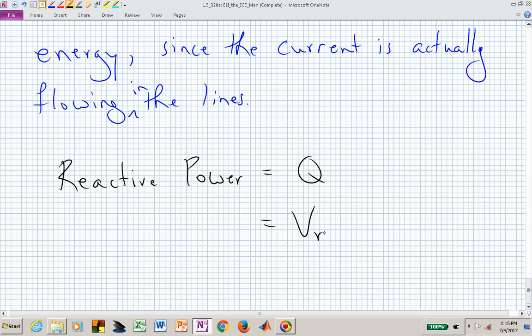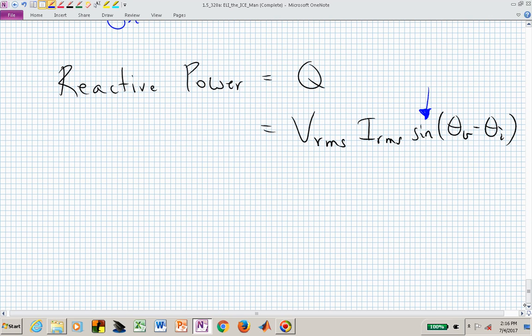But now, if we want to talk about steady state expressions, let's now look at something that's in fact orthogonal to the real power, which is Vrms Irms sine of theta sub V minus theta sub I. So because of this sine, versus in the real power where we had P, that was VI cosine theta sub V minus theta sub I, this is now 90 degrees or orthogonal to the real power.